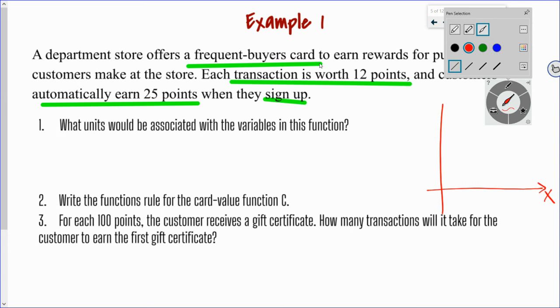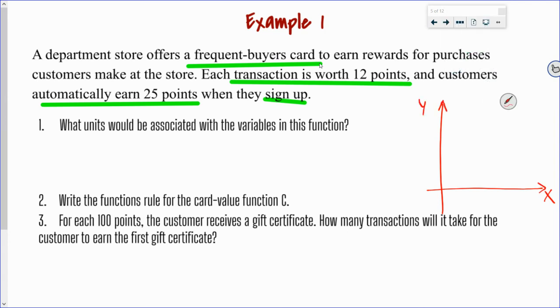What's my independent variable? And then what is my Y axis? So what do you think? What is independent here in terms of the number of reward points that I get? What's independent? What do you think?